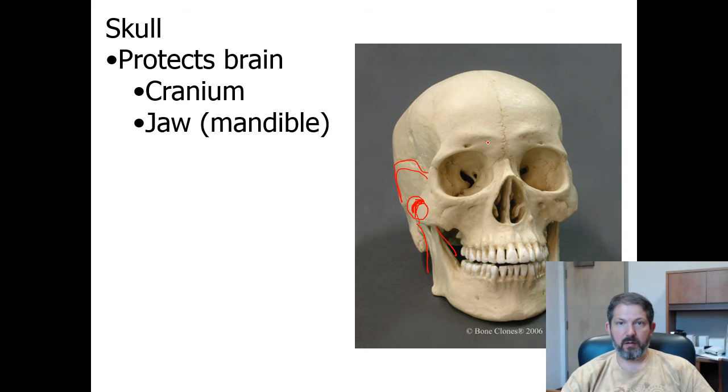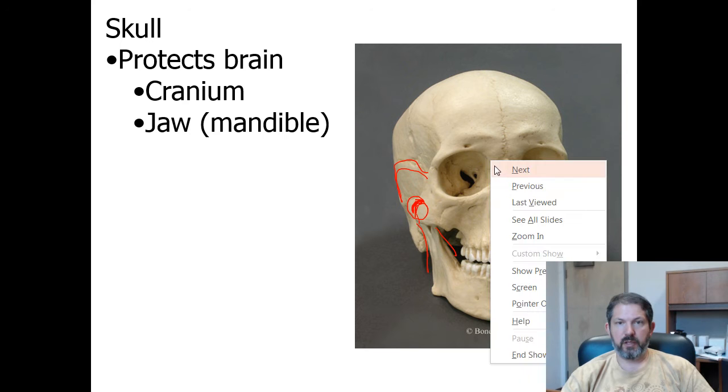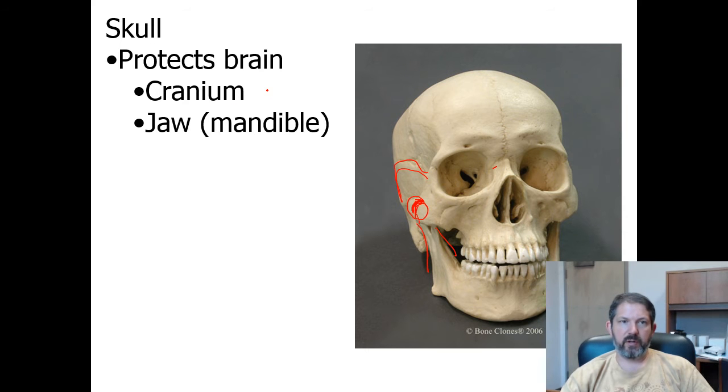You have many other bones, and usually you have cranial bones and facial bones. That's kind of how they distinguish. Cranial bones are bones that have contact with the cavity where the brain is. So you have frontal bones, temporal bones, parietal bones, occipital bones, and the ethmoid bone, like this one here, which actually goes up and touches into the cranial cavity a little bit.